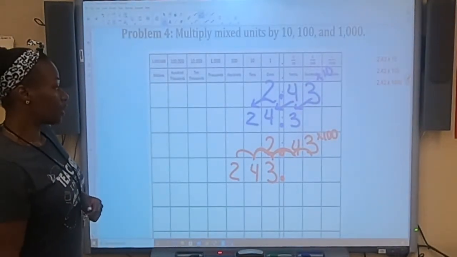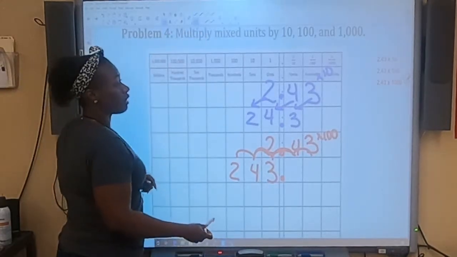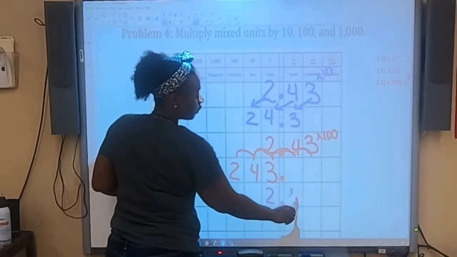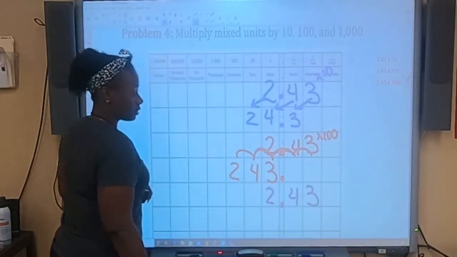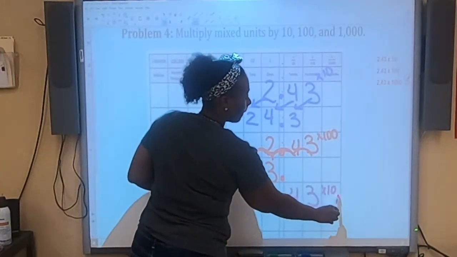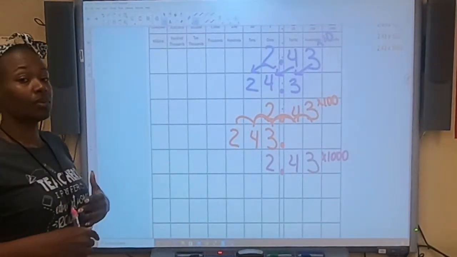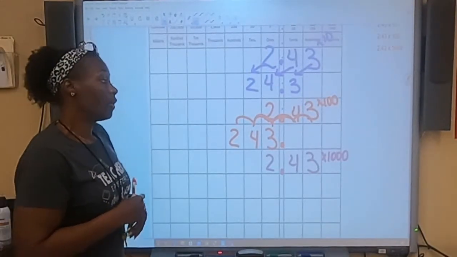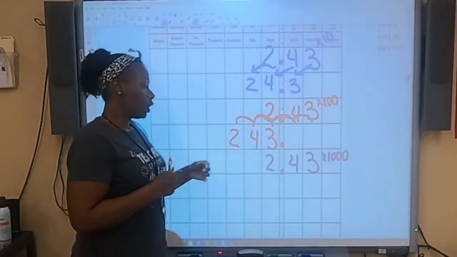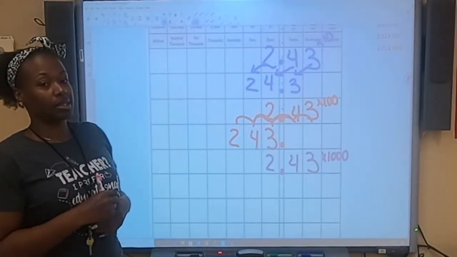Okay, we're going to use our same number, and this time we're going to multiply it by 1000. So we've got 2 and 4300. We're multiplying by 1000. By now you have caught the pattern. When we multiplied by 10, we moved 1 time to the left. When we multiplied by 100, we moved 2 times to the left. When we multiply by 1000, we're going to move 3 times to the left.